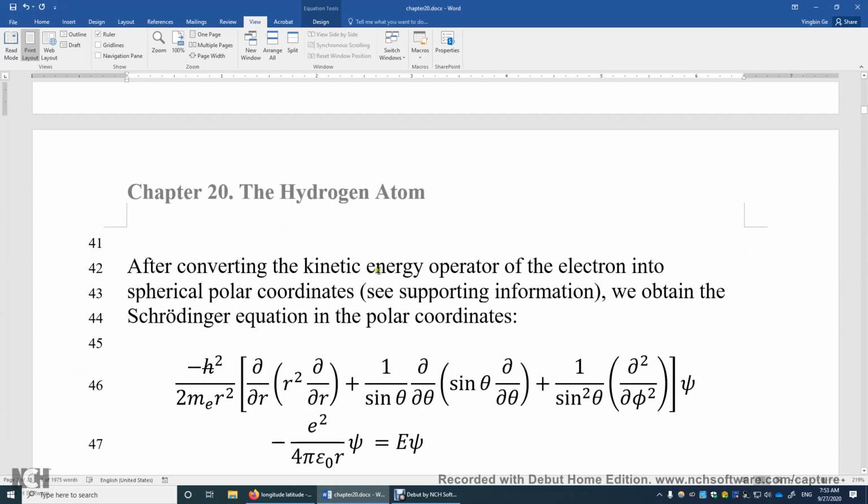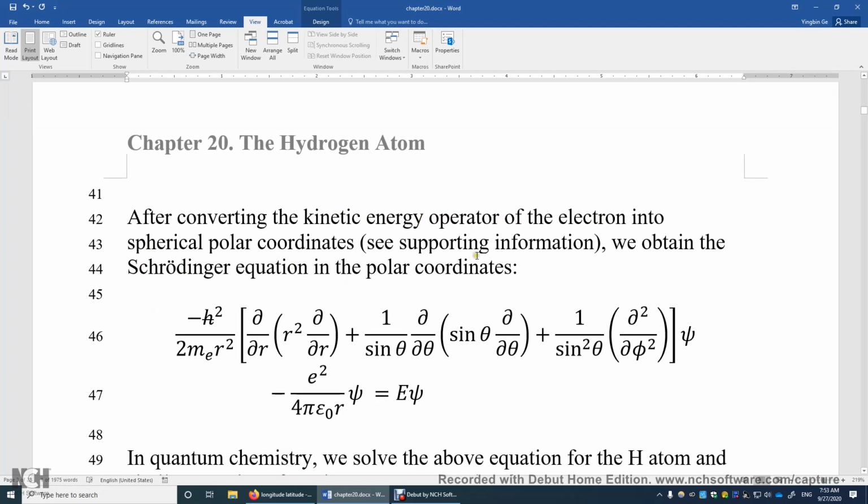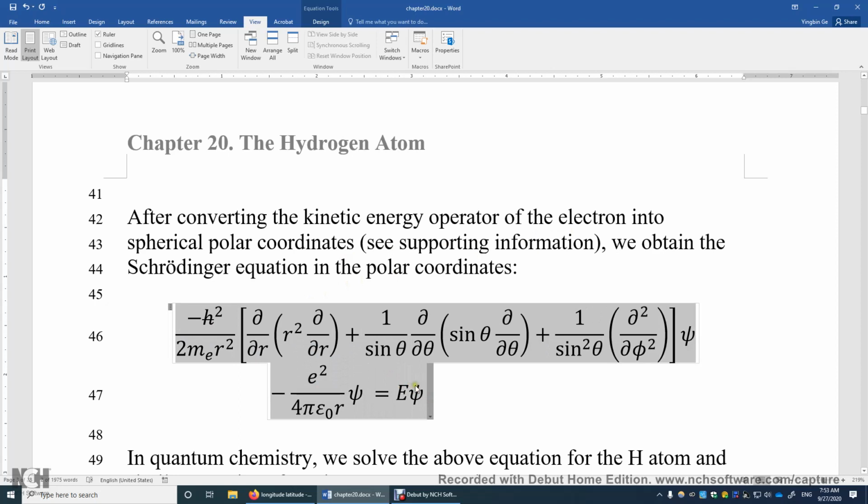After converting the kinetic energy operator of the electron into the spherical polar coordinates, we get this equation in r, theta, and phi. All right, so this part is the kinetic energy operator. This part is the potential energy operator. So we are applying the kinetic energy operator to psi, and then the potential energy operator to psi. We sum it up.